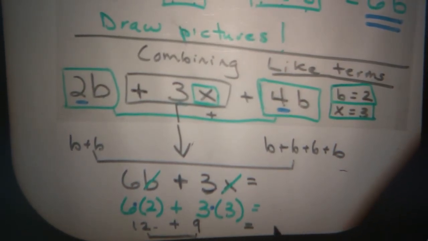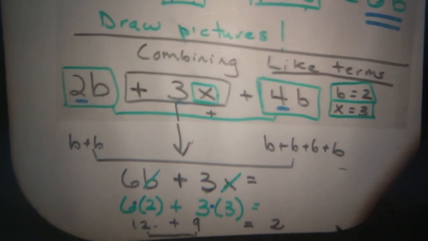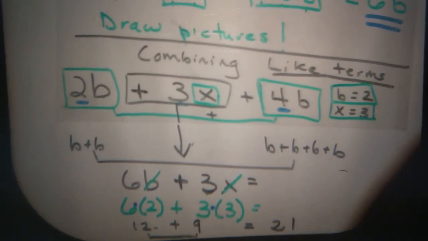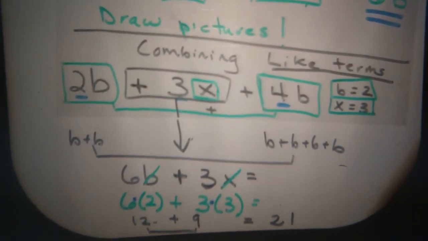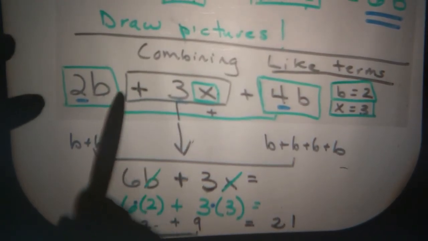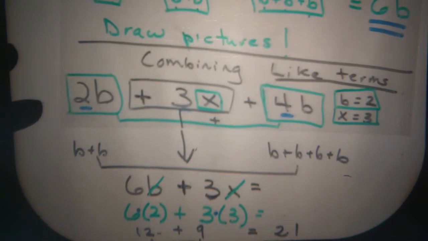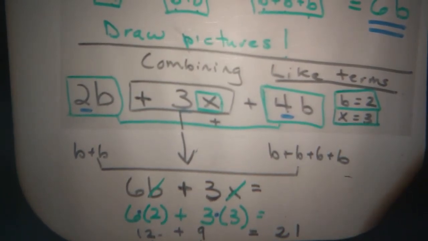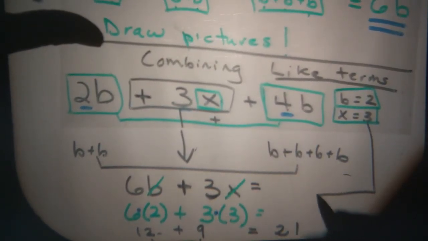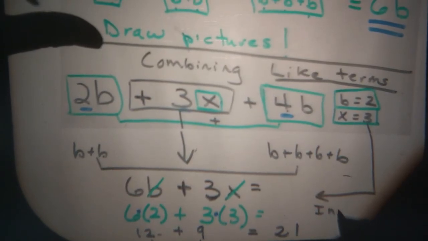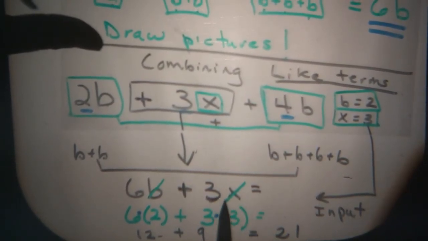All right. What is 12 plus 9? 21. All right. So this not only showed us how to combine like terms, but it also showed us how to input numbers into our variables.